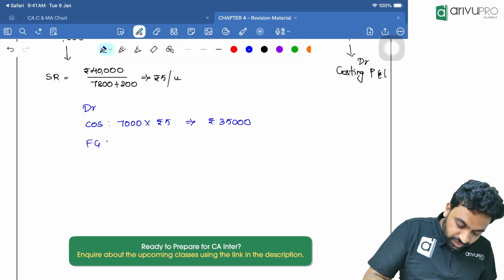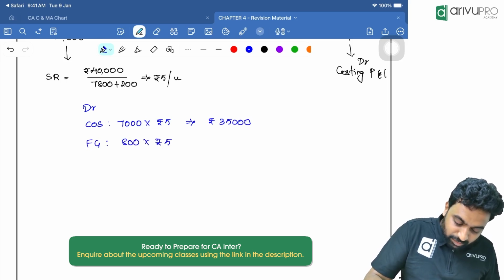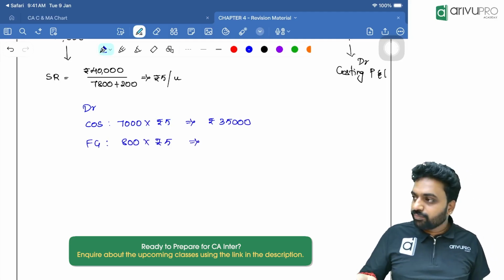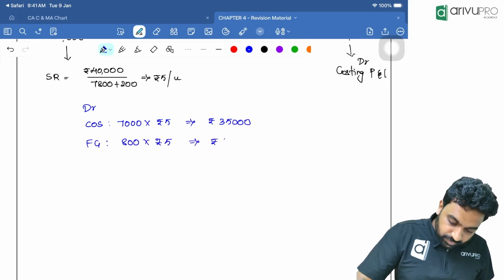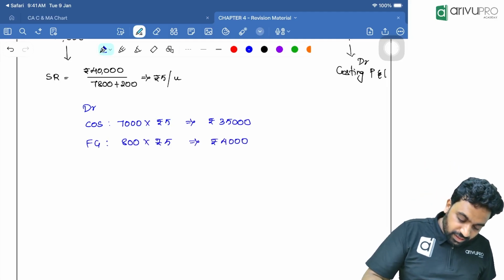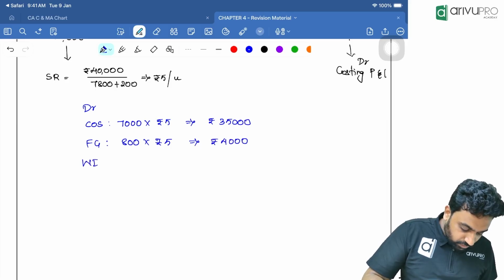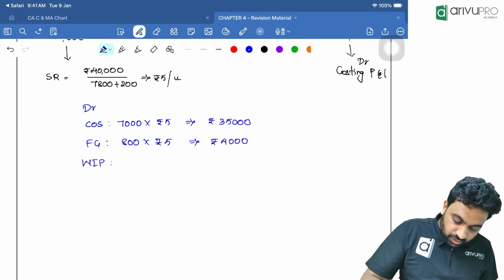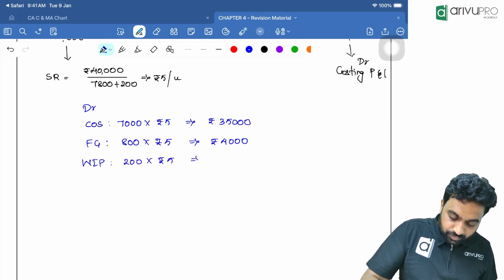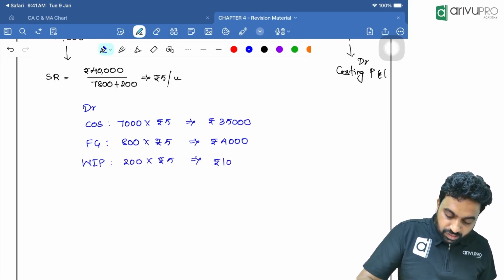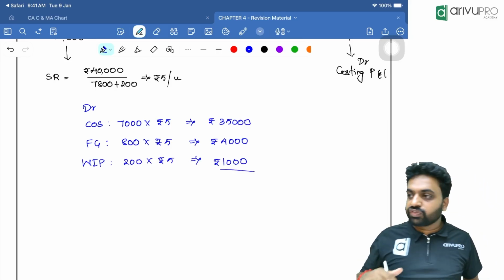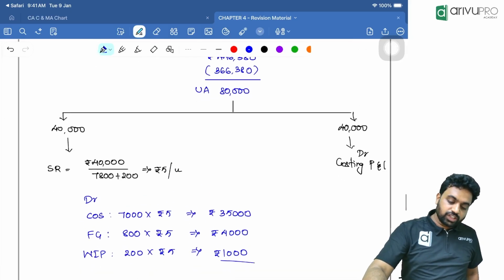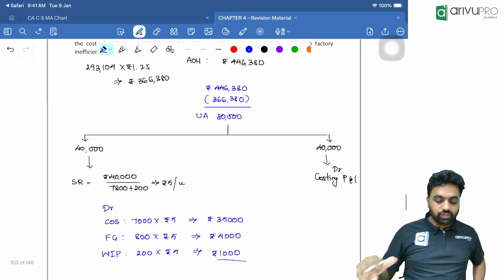Finished goods account relating to unsold units produced during the period, 800 units, because of 7,800, 7,000 was sold, 4,000. And WIP account, which is relating to closing WIP, equivalent units you should take, 200 into 5, 1,000. Total 40,000 is addressed, the other 40,000 is addressed. Total 80,000 of under absorption is addressed.